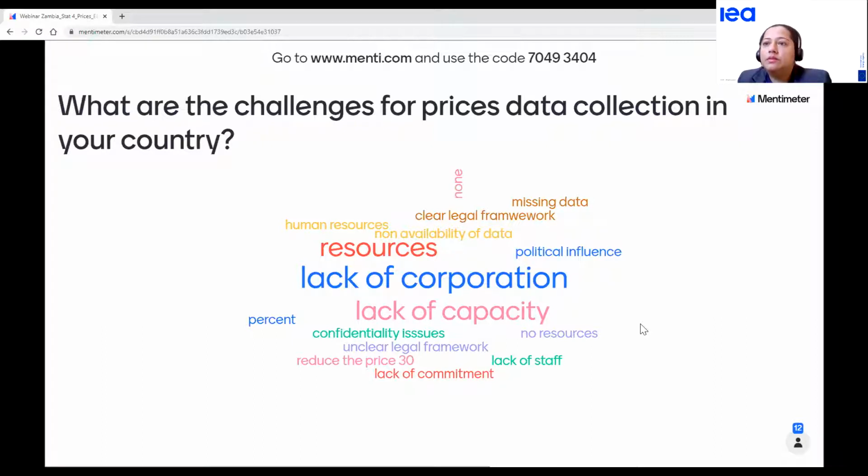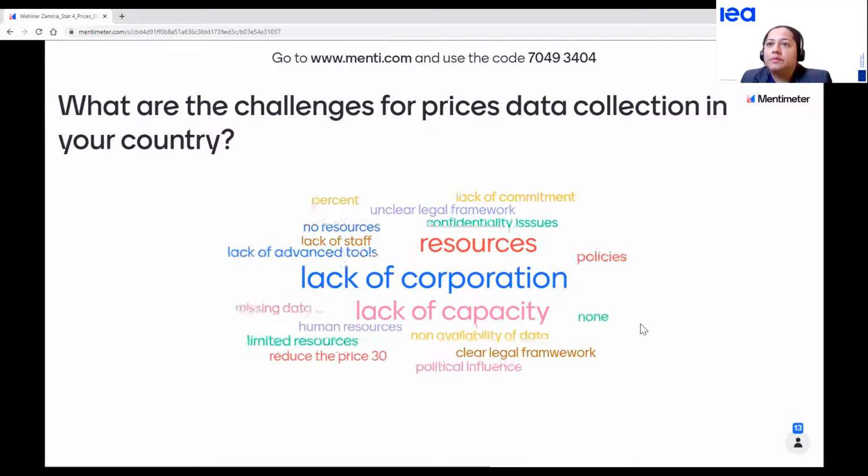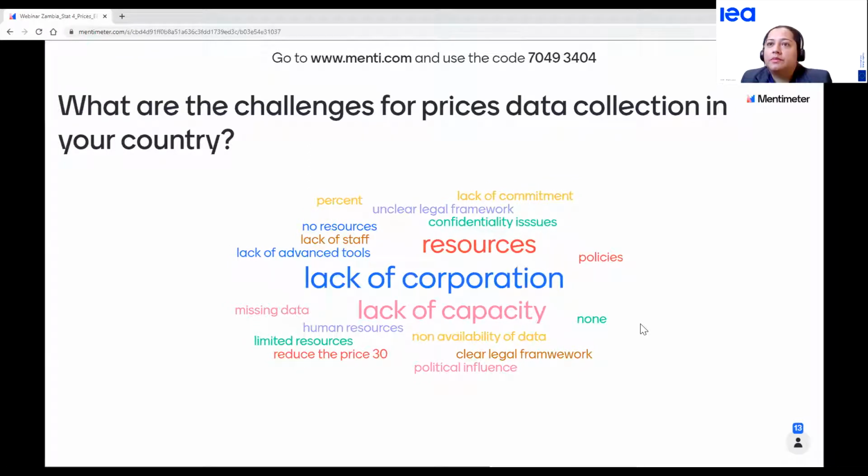Very interesting. Non-availability of data, lack of advanced tools.